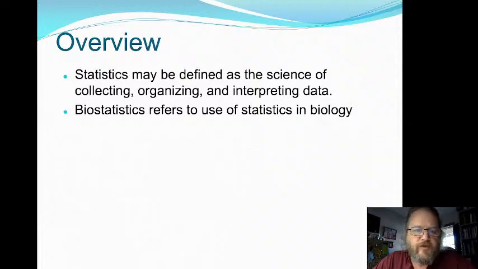What is statistics? Statistics can be defined as the science of collecting, organizing, and interpreting data. Statistics has been revolutionized by the introduction of computers, and so some people would say that statistics now is also about the science of creating algorithms for analyzing data.